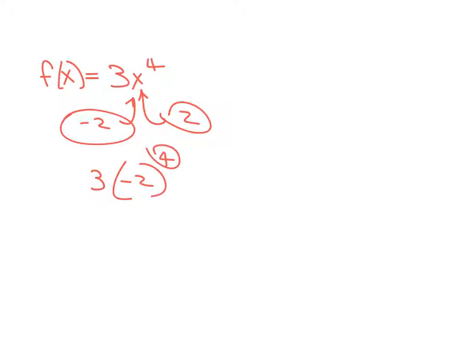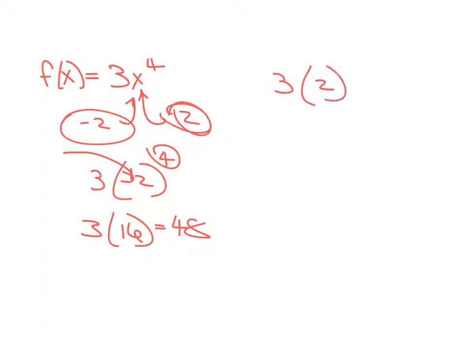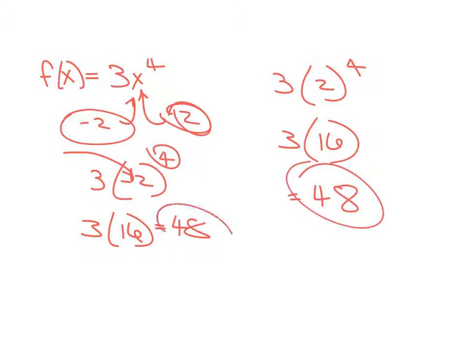If my exponent is even, this negative will change to a positive. So I get 2 times 2 is 4, times 2 is 8, times 2 is 16, equals positive 48. All right, let's put this 2 in there. 2 times 2 is 4, 4 times 2 is 8, 8 times 2 is 16. I get 2 answers there.